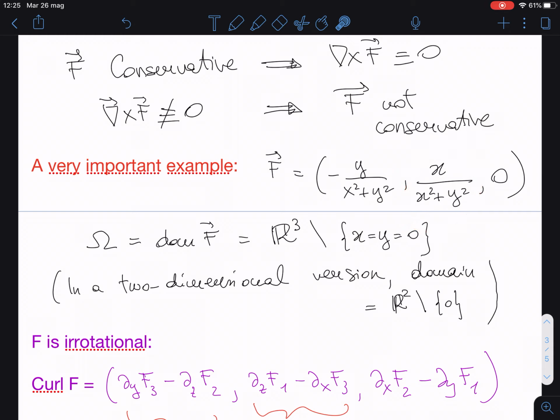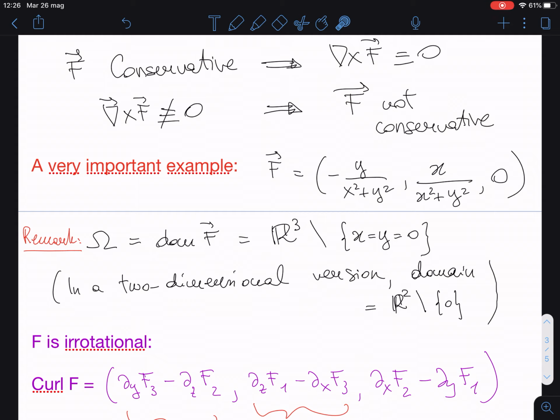So first, let me remark that I call omega the domain of f, so the set of the points of R3 in which the expressions that define f are well defined.